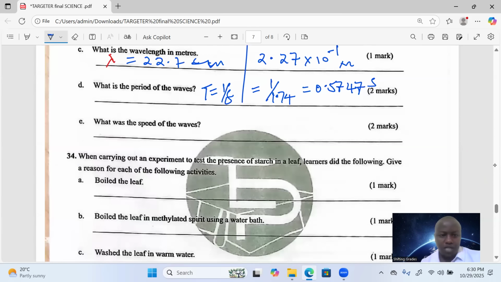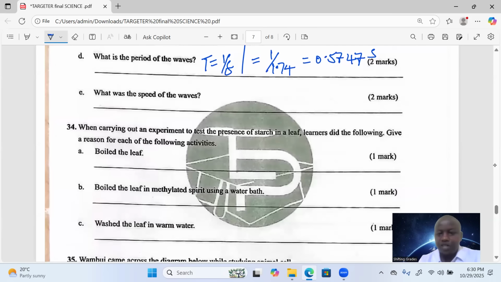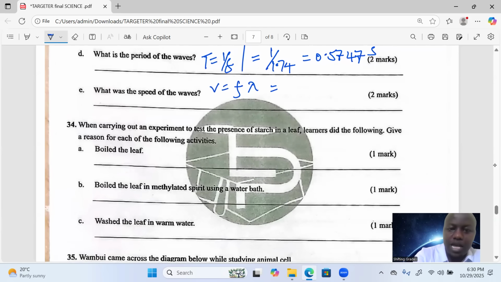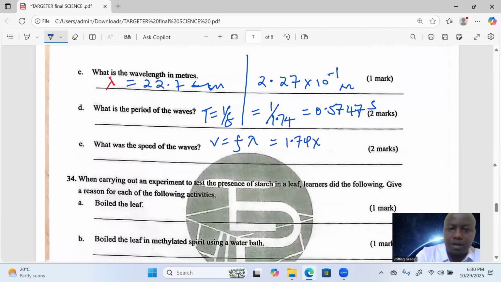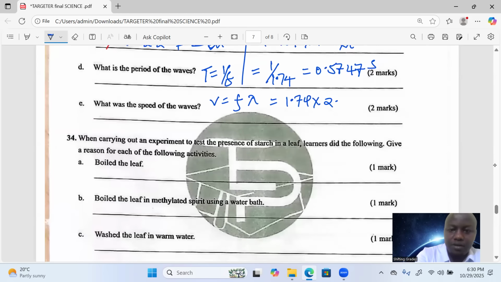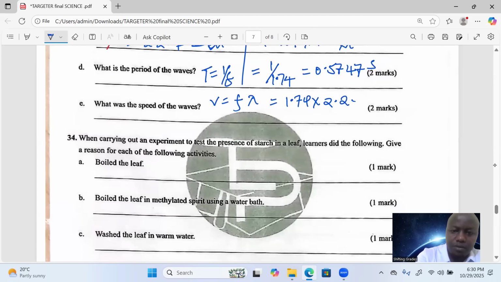What is the speed of the wave? There is the general wave equation that says velocity is given by frequency times lambda, f lambda. So we take f times 2.27 times 10 to the power of -1, that is multiplied by 0.227.